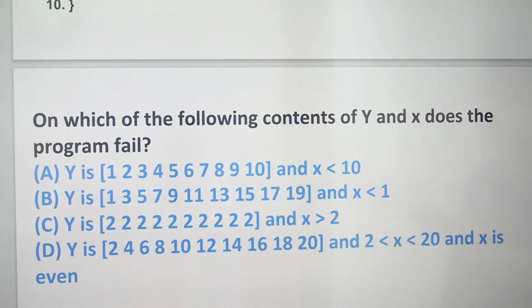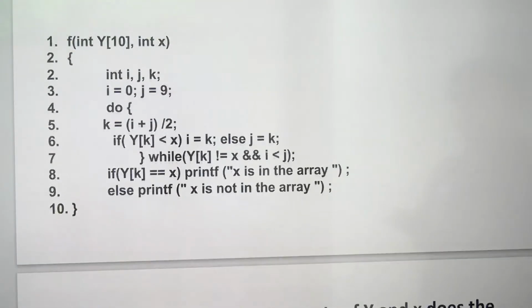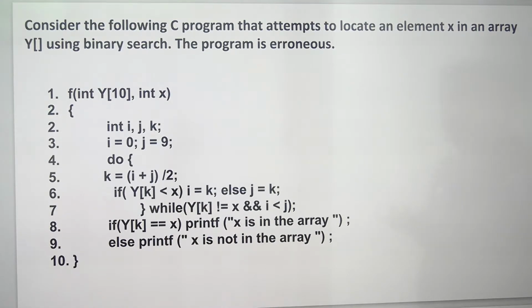In the second array, X less than 1. In the third array all are the same, and you are checking X greater than 2. In the fourth array you are checking X more than 2, less than 20, and X is even. Please verify this binary search program. For which input will it fail? Can you check once?